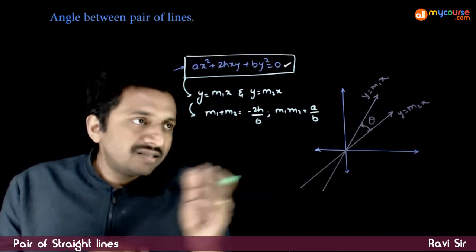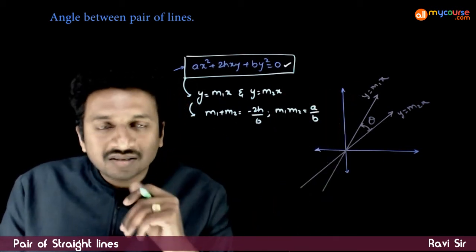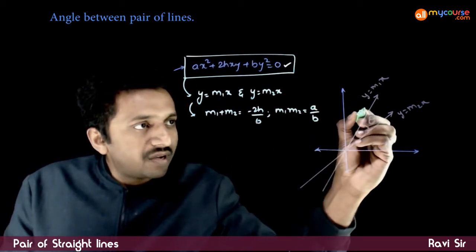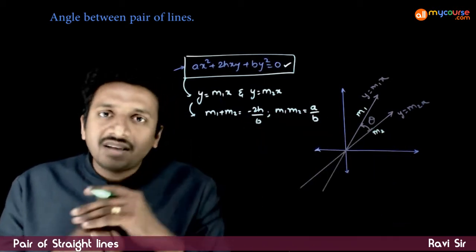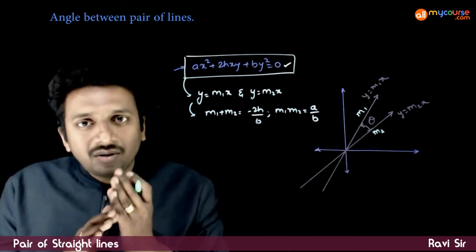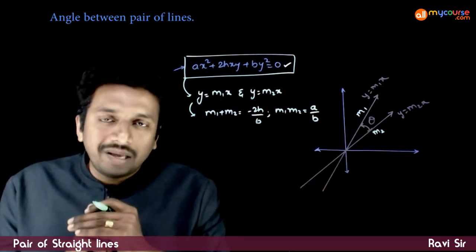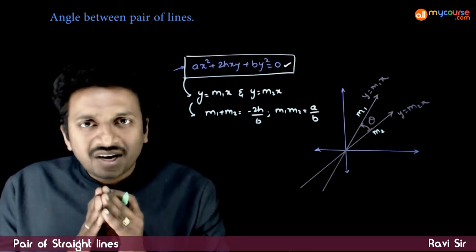As you can clearly see, one line has the equation y equal to m1x. That means the slope of the first line is m1 and the slope of the second line is m2. So what is the angle between two lines whose slopes are m1 and m2? We have seen this in the topic of straight lines.